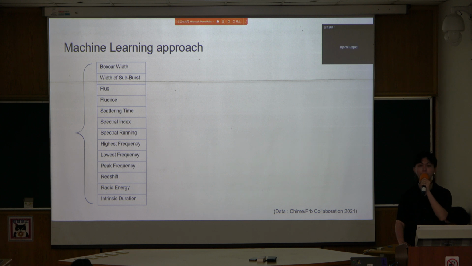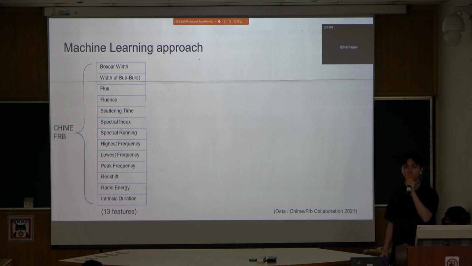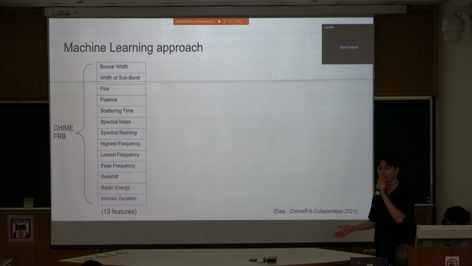First, we collect FRB sources from the CHIME FRB catalog. There are a total of more than 500 FRBs, and about 100 samples are repeating FRBs. More than 400 are non-repeating FRBs. Okay. For each FRB, we collect certain physical parameters. So now we have 500 FRBs, and each FRB has certain physical parameters.